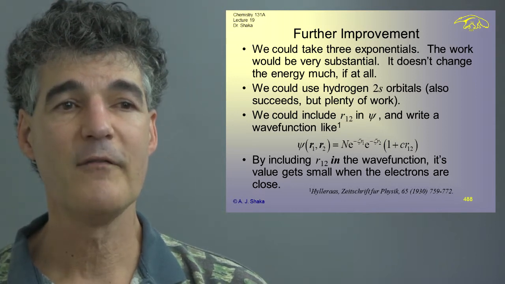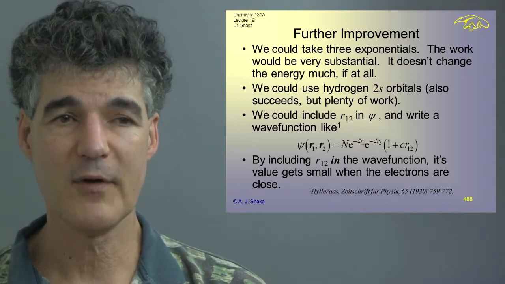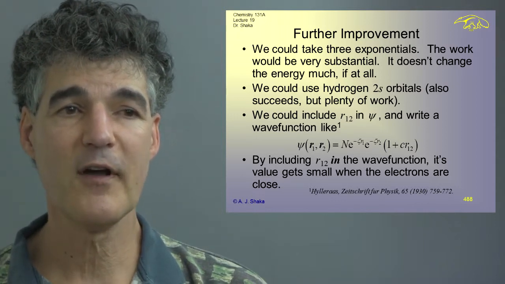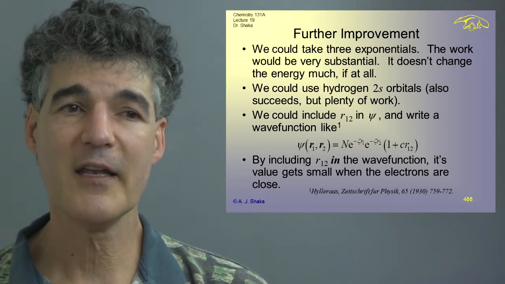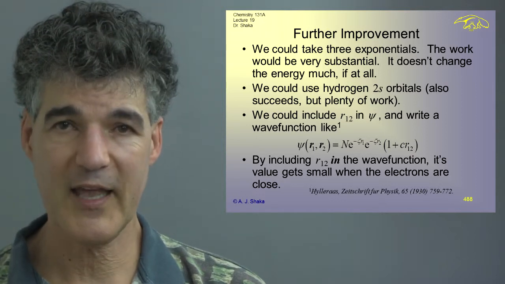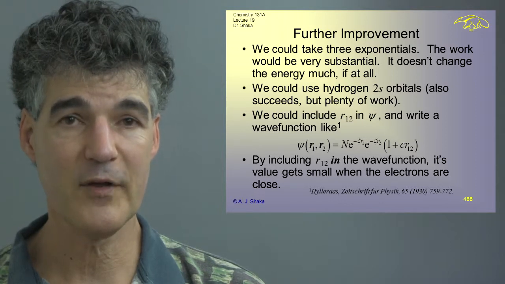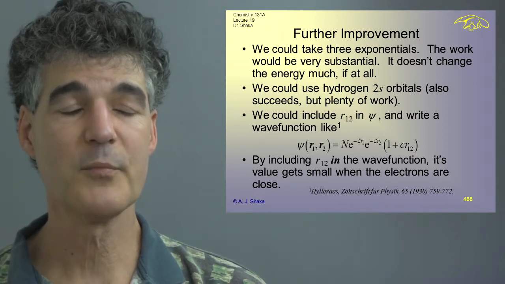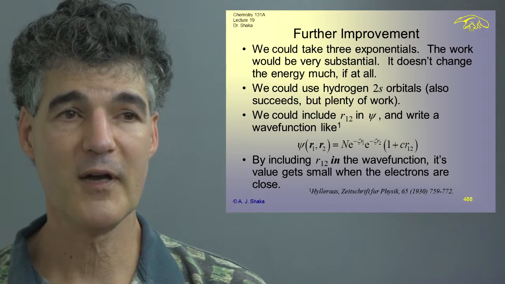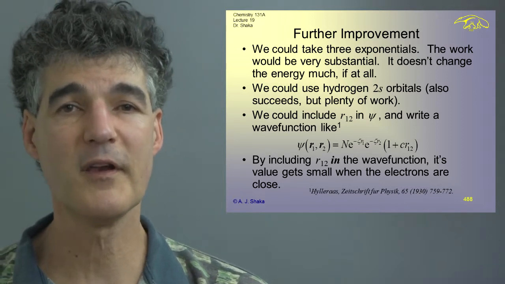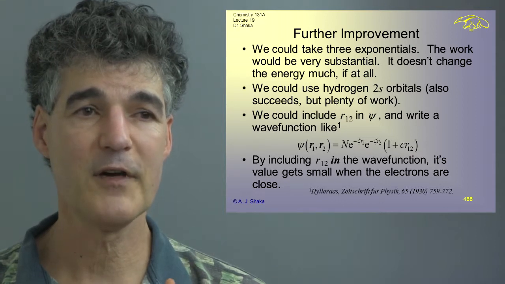And I've given you the reference here on the bottom of slide 488. Believe it or not, Hilleraas in 1930, with a mechanical calculator, went through this exact thing that we've been doing, but with a different kind of wave function.